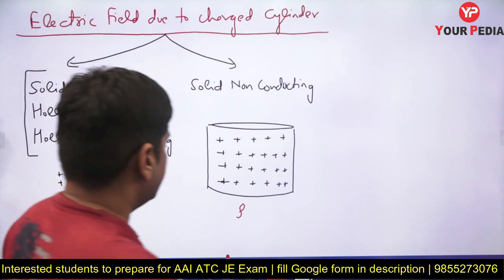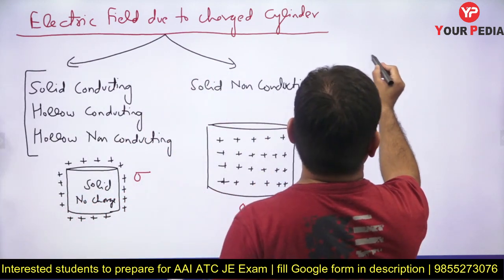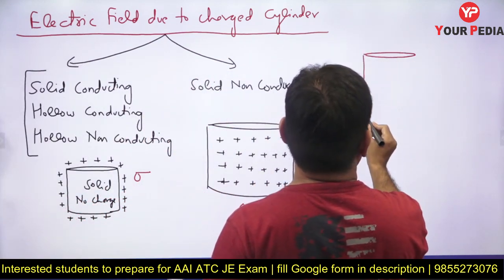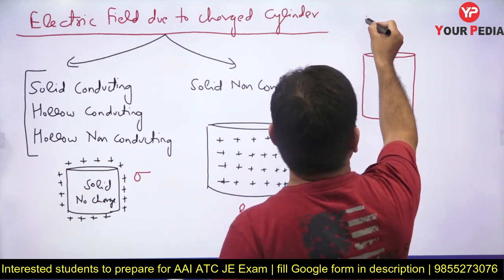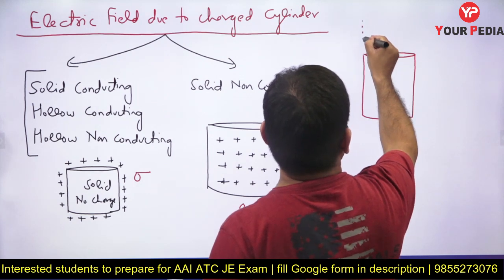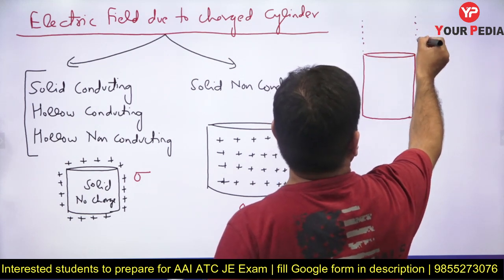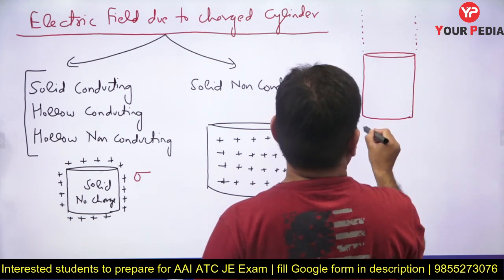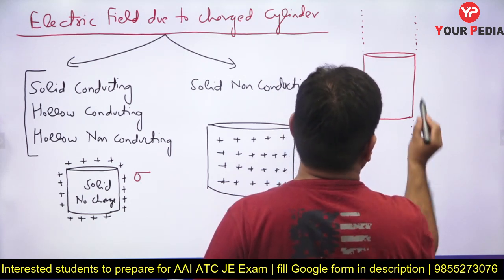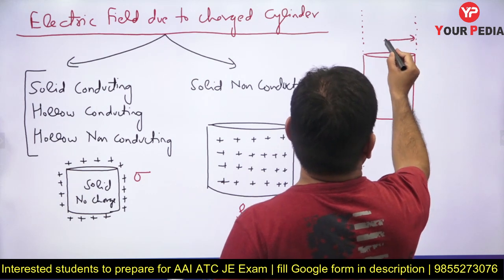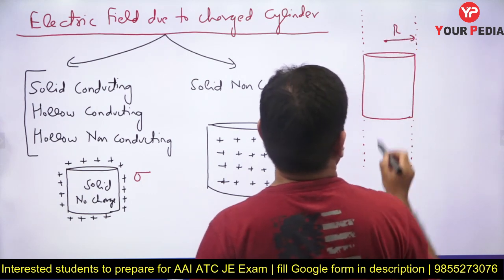Now let us say there is a cylinder. Let me give you the diagram of this cylinder now. Let us say there is a cylinder, but it is of infinite size. That means one of the dimensions, the length, is very long, an infinitely long cylinder, something like this. And let us say the radius of this is R, right?